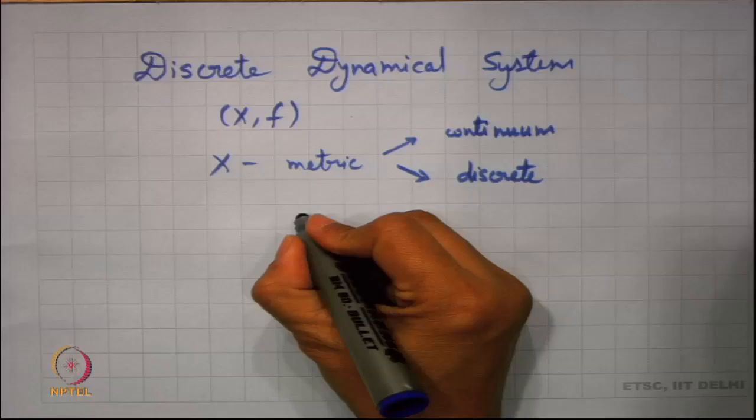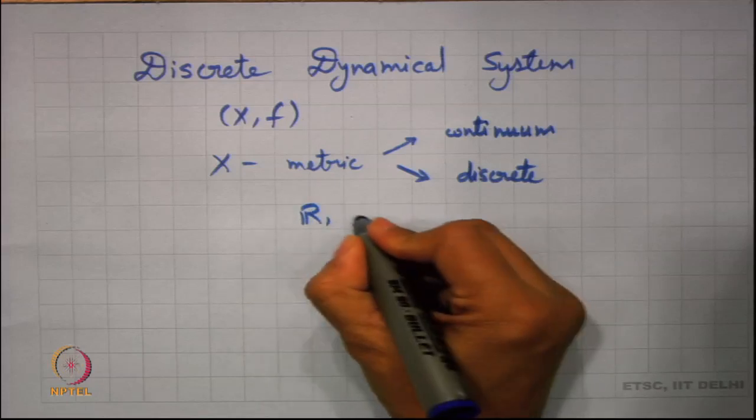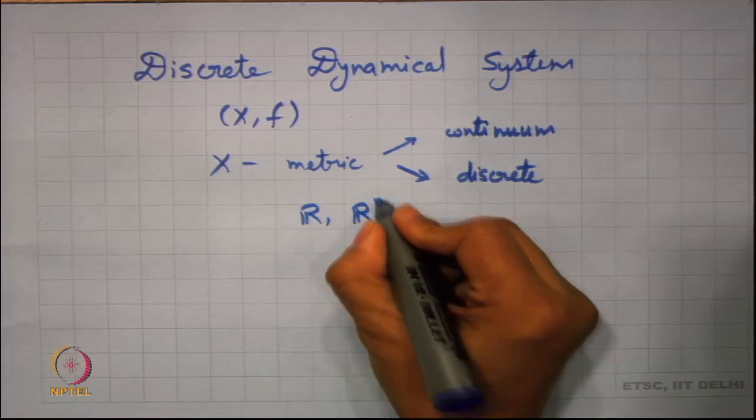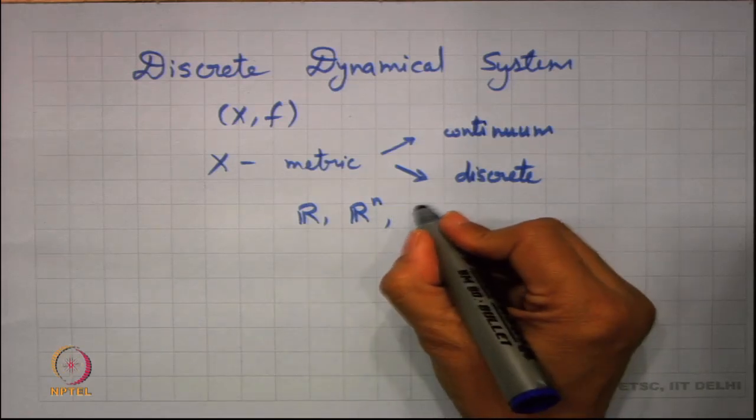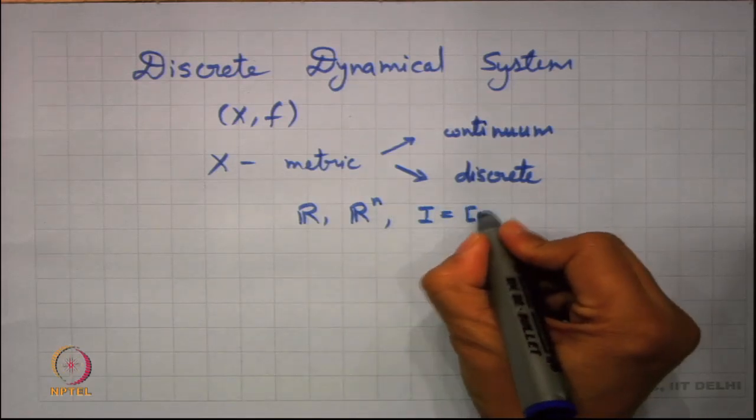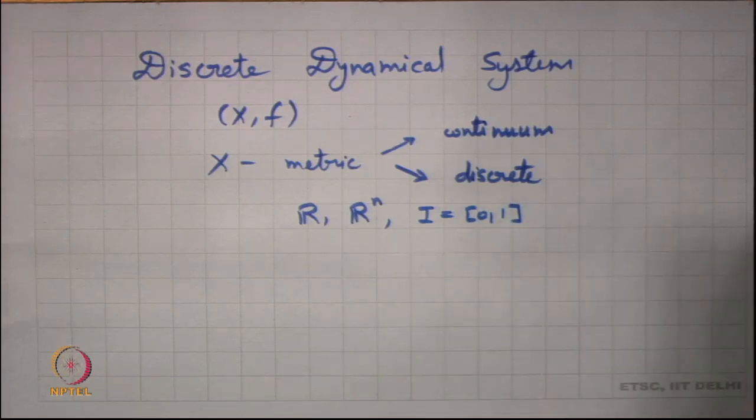The known metric spaces can turn out to be R, or the n-dimensional R^n, or we could just work with the unit interval [0,1], which gives us a continuum. So when we start the study of discrete dynamical systems, we are basically working with these aspects.